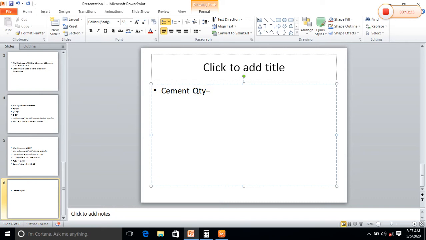So for cement quantity, volume of cement will become, we have formula, volume of cement is equal to ratio of cement multiplied by dry volume divided by sum of ratio.